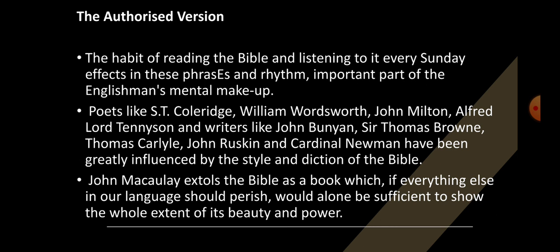What he meant by that quote is that by reading the Bible, the authorized version, he is able to understand classical writers like Homer and Virgil. Virgil is famous for the epic work, the Aeneid. He is able to understand these classical writers.